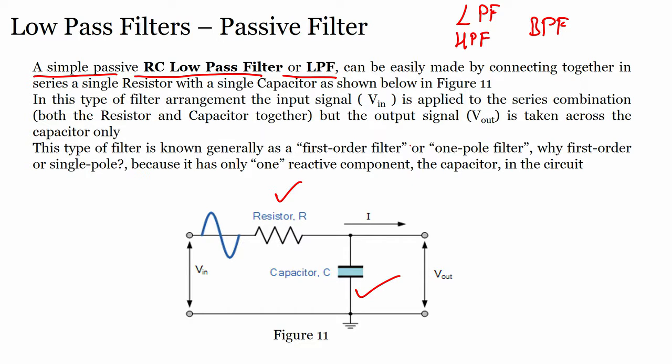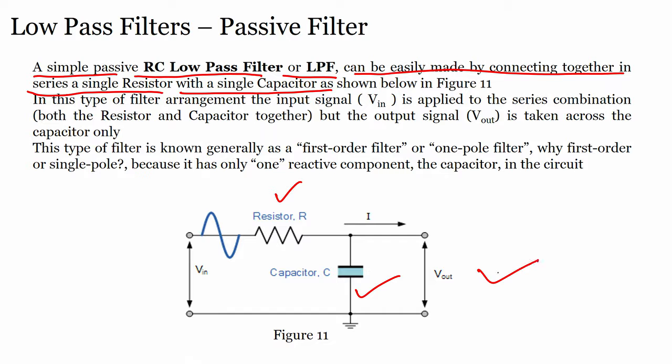These are terminologies you will find in different work, so do not get confused if there is LPF instead of low pass filter. They also write RC low pass filter, or RC low pass passive filter, which can be made by connecting together a single series resistor with a single capacitor, as shown in figure 11.